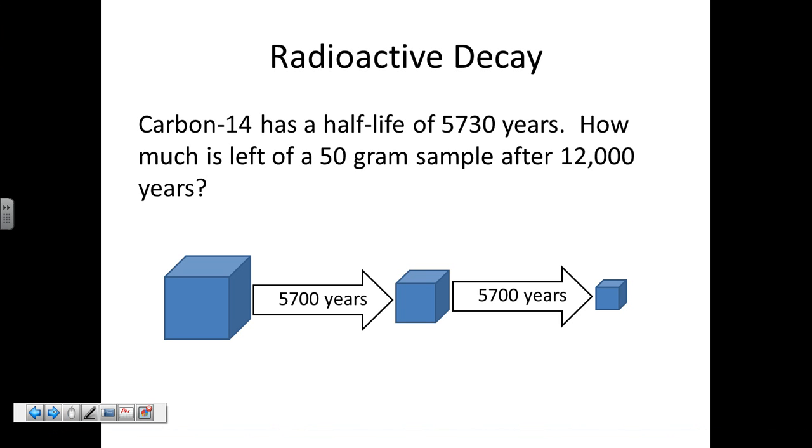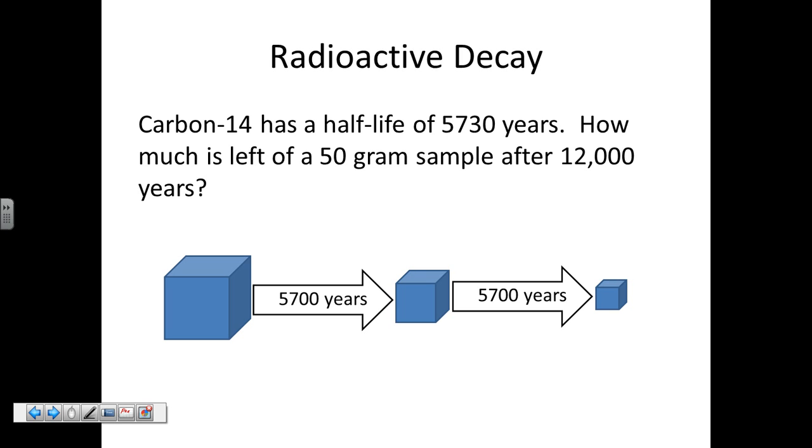Now, the half-life of something, the way that radioactive atoms decay is they decay in a very predictable exponential manner where every half-life they lose half of their sample. So if we started out with a sample that had 100 atoms in it, after 5,730 years, about 5,700 years, 50 of those atoms would be gone and 50 would still be remaining.